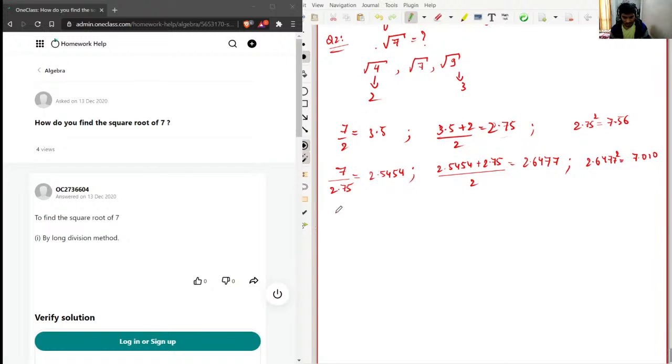So I'll divide 7 again, this time with 2.6477. 7 divided by 2.6477 is 2.6438.